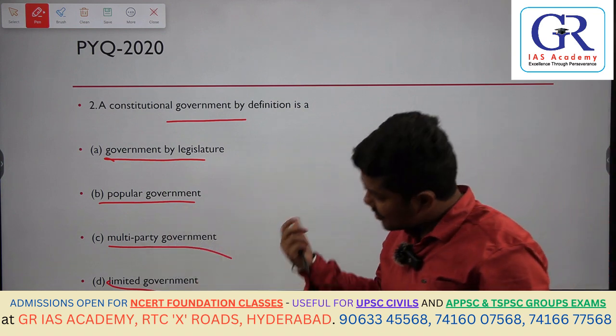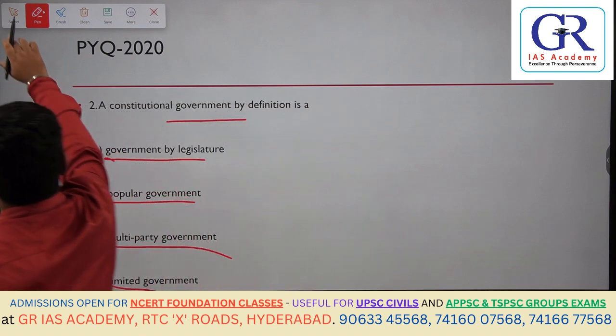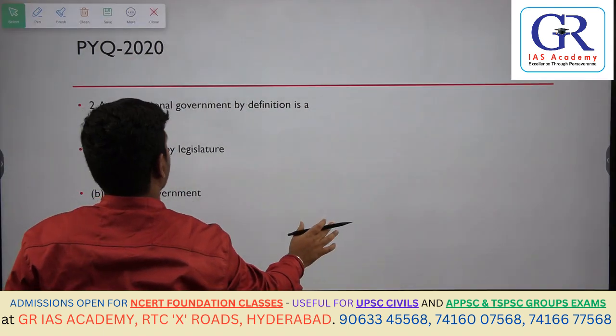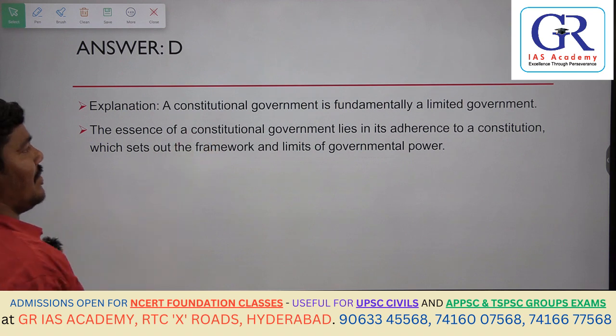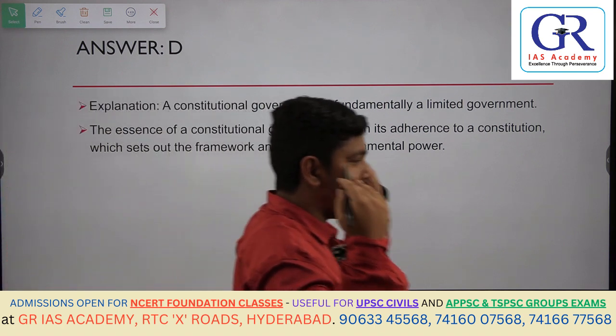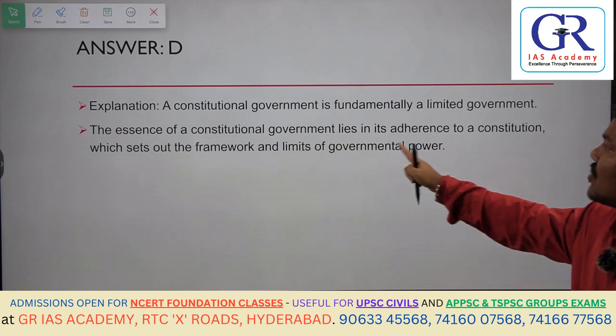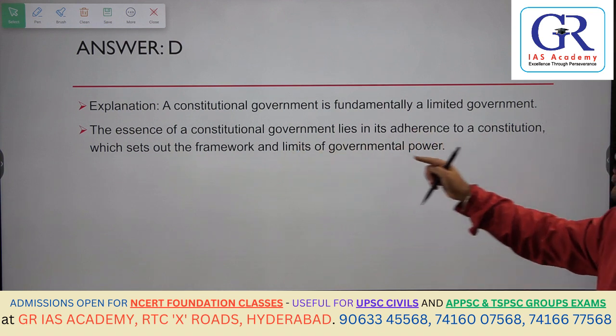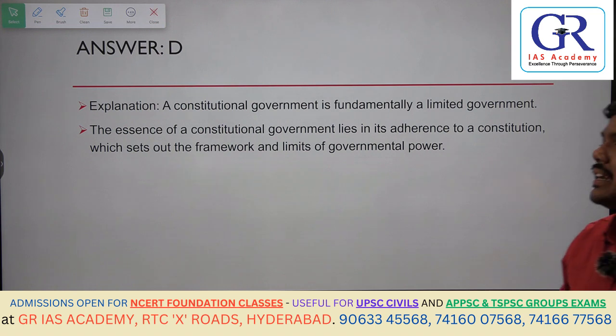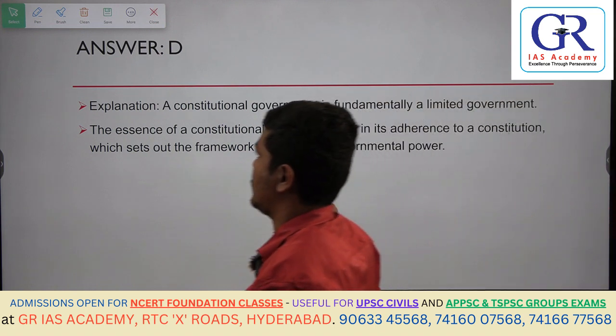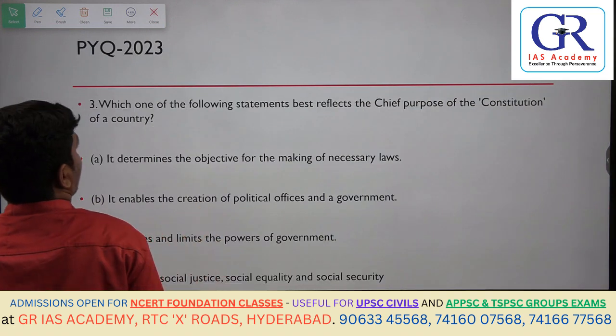By the constitution. Its powers were limited by the constitution, and that is why we call it so. A constitutional government is fundamentally a limited government. The essence of a constitutional government lies in its adherence to a constitution which sets out the framework and limits of governmental power. Okay, fine.